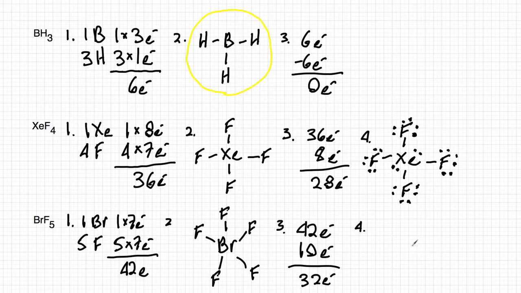So for step 4, let me go ahead and reproduce the trial structure. And each of the fluorines is going to need a total of 6.